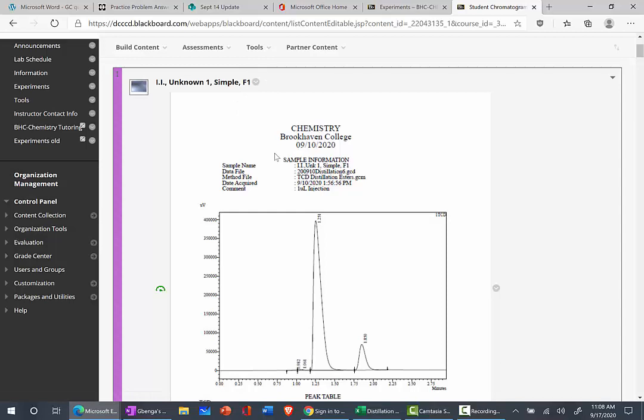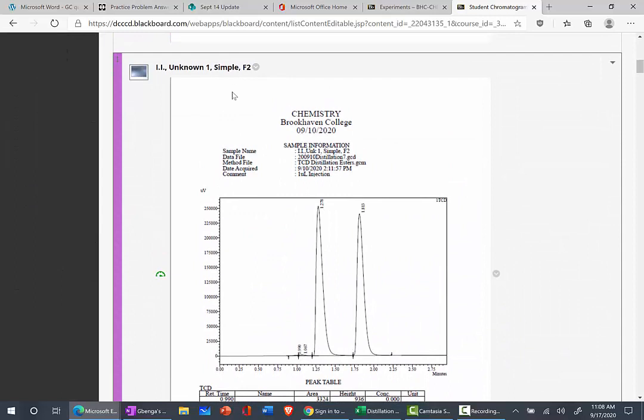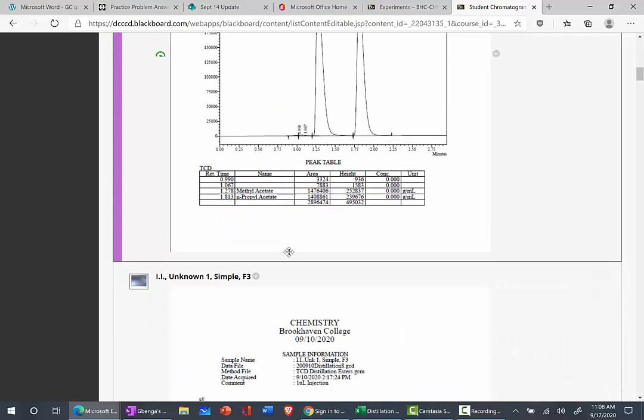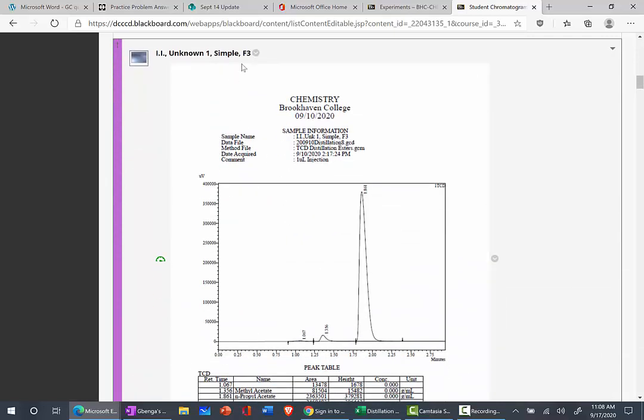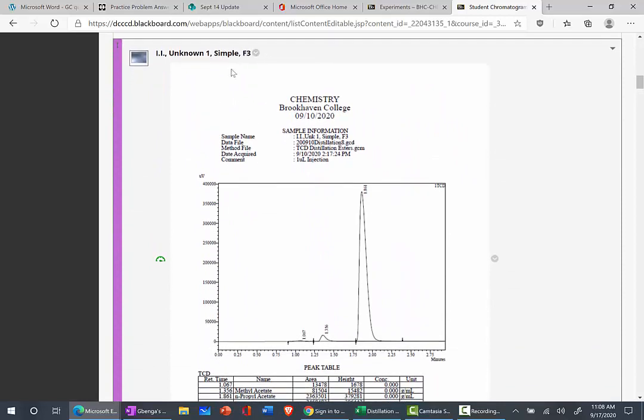the distillation. This would be the chromatogram for fraction number 2 for the same student II, unknown number 1. This is for fraction number 3. Well, this student only had 3 fractions.